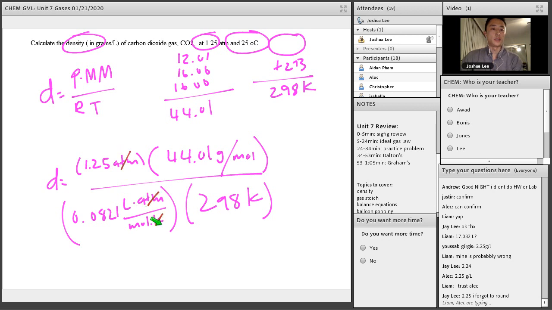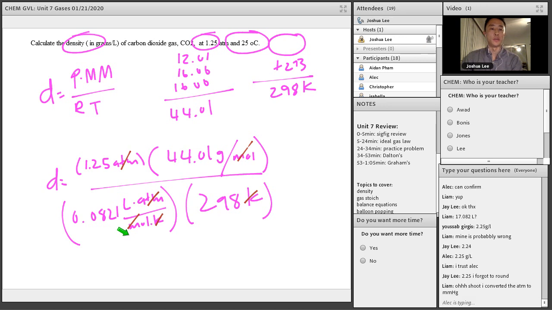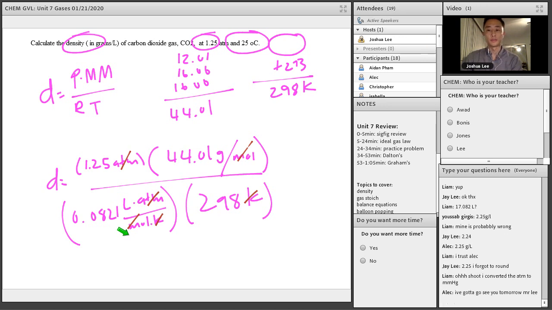Atmospheres would cancel out, Kelvin cancels, mole cancels, leaving you with grams per liter. Oh yeah, so this one you didn't have to convert the pressure. So then 1.25 times 44.01.